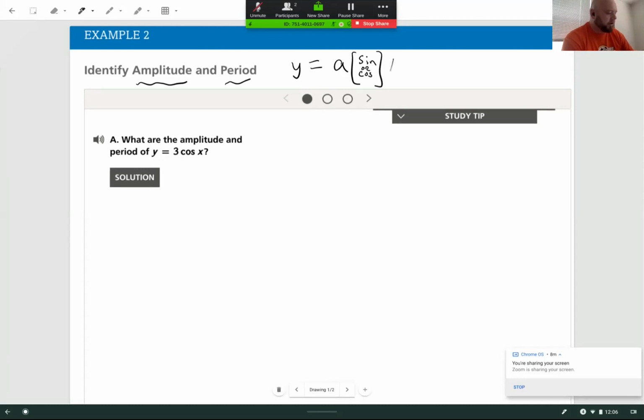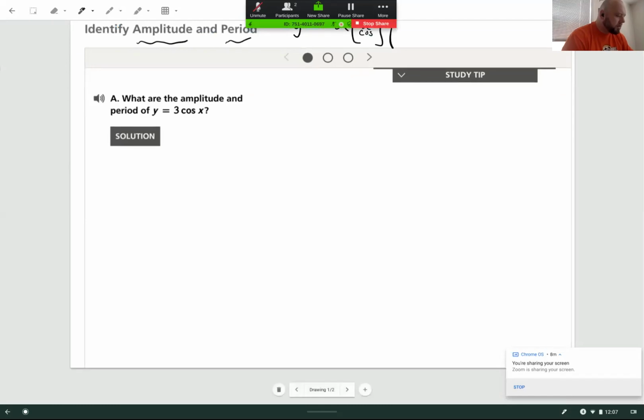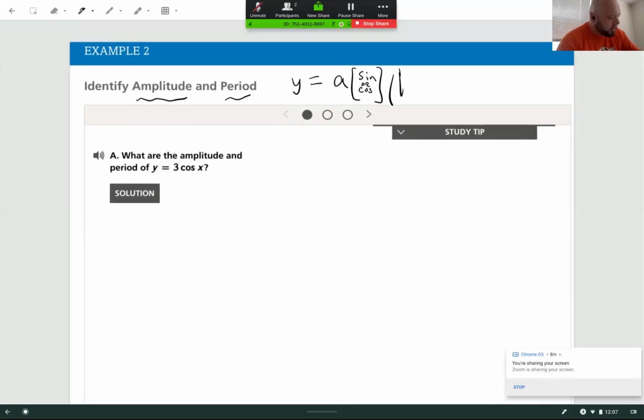And then the argument is b times x. So that means that we could have one function that says a sine bx, or we could have another function that says a cosine bx.